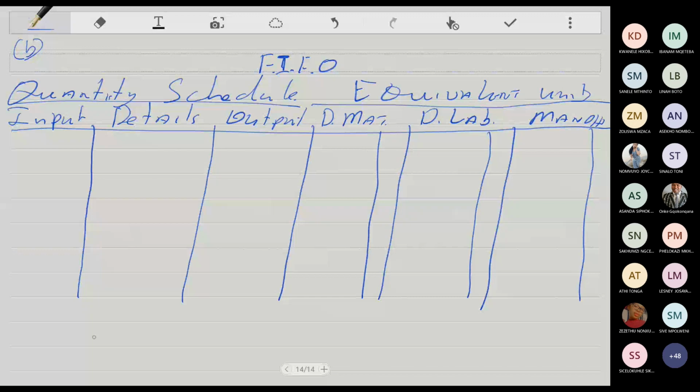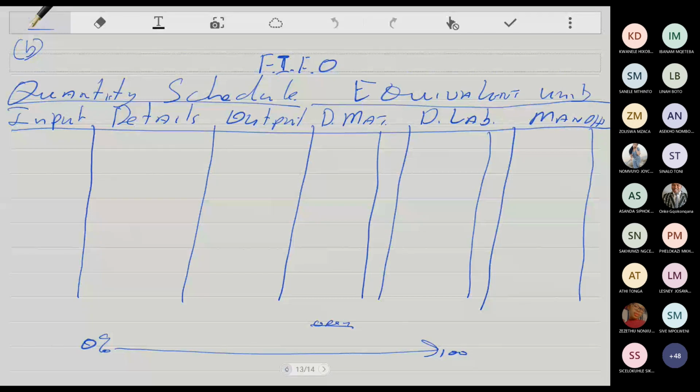Now let's go again, guys, with our production line. I think it's going to be very important here. So we've got the opening units.